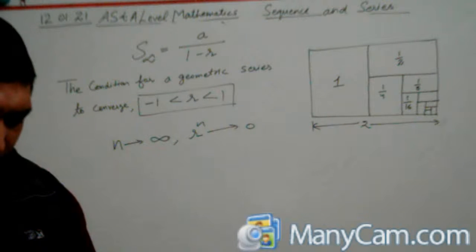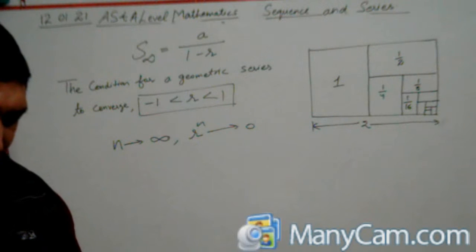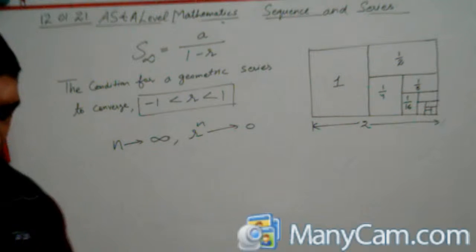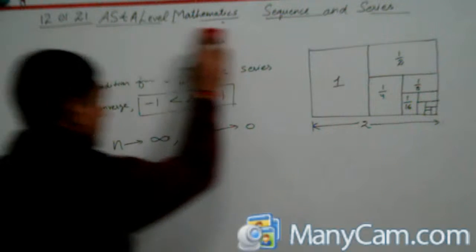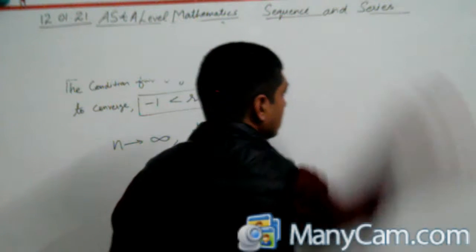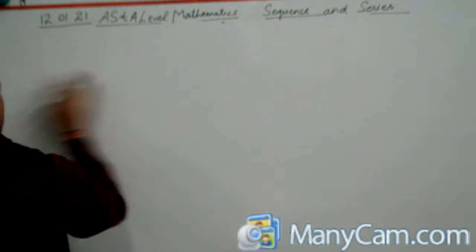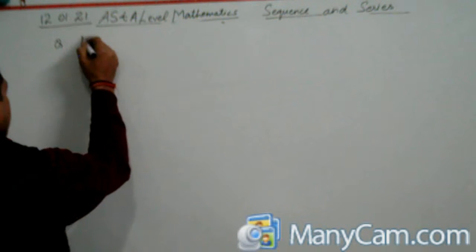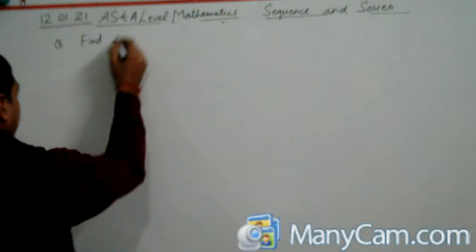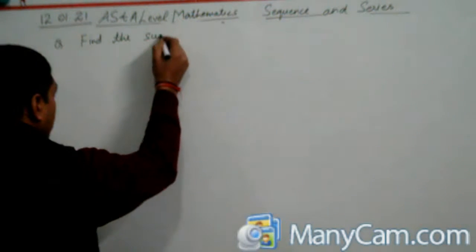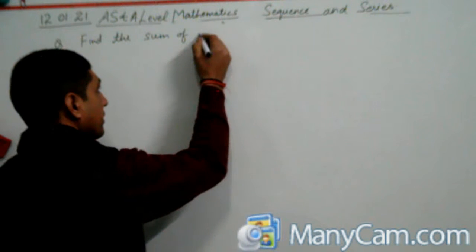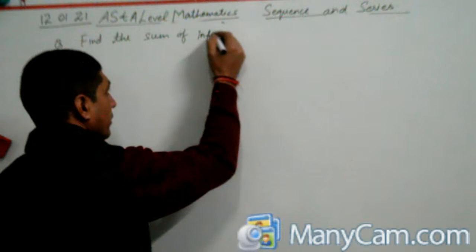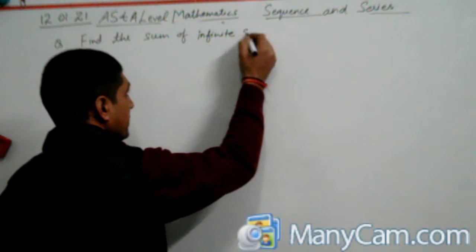So here we have one question: find the sum of the terms of the infinite progression, right? Question is, find the sum of the infinite series.